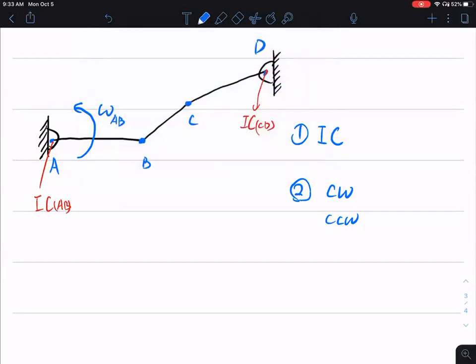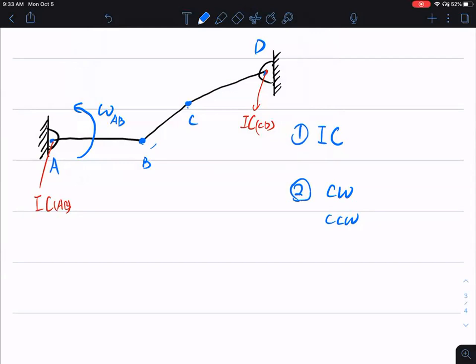To find the instant center, you must find 2 points on that rigid body where you know the direction of velocity. In this case, points B and C are on the rigid body BC. We want to find the direction of velocity at points B and C. We just did practice on that.